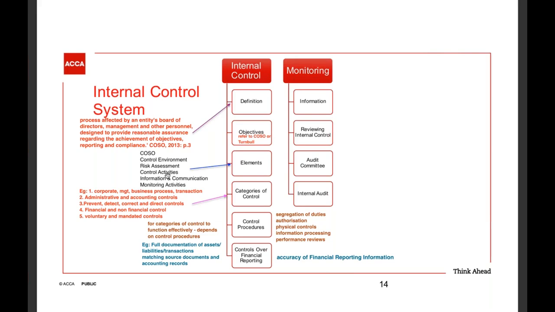COSO suggests a mix of controls, where you will have prevention, detection, and manual and automated controls in place, so that you are able to respond to risk effectively.